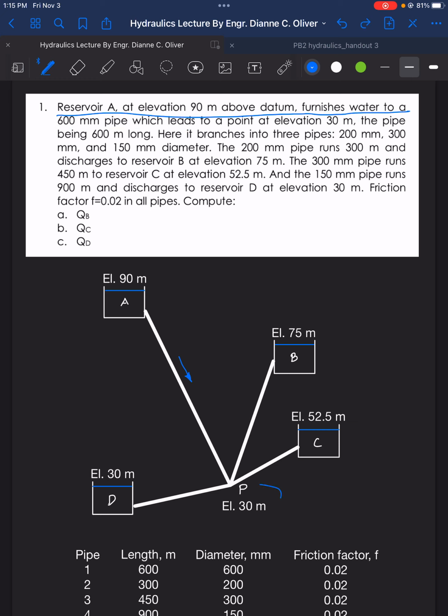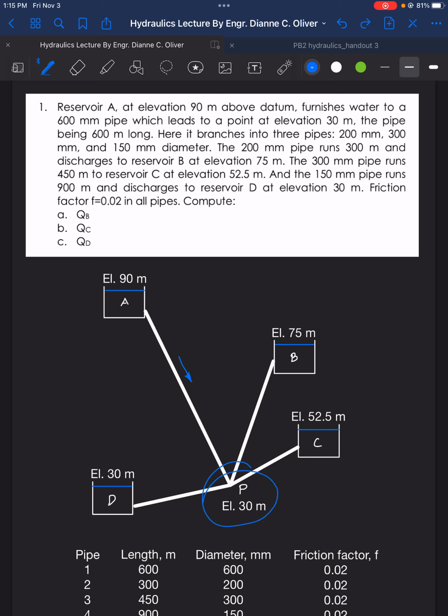That's why we have elevation of 30 here. This is the point from A to elevation 30. Next, given the pipe is 600 meters long, that's why we have 600 meters length for pipe 1.